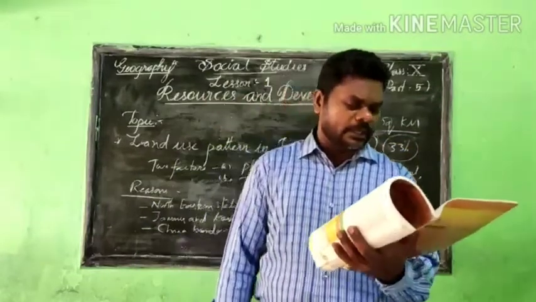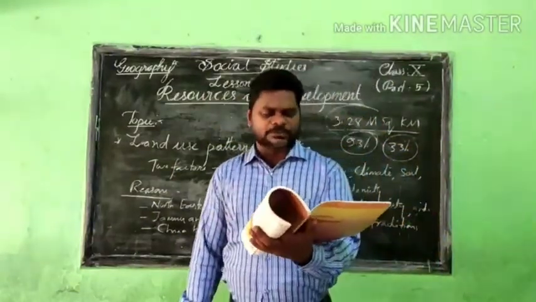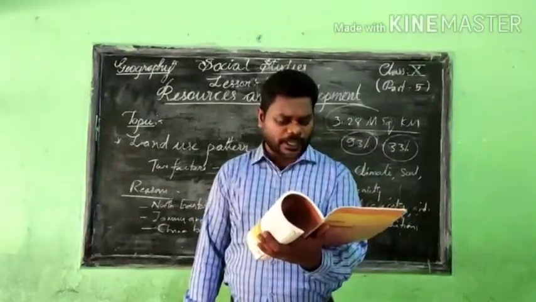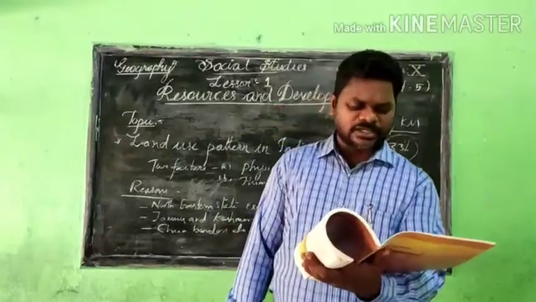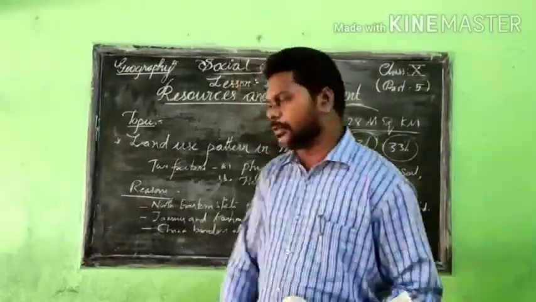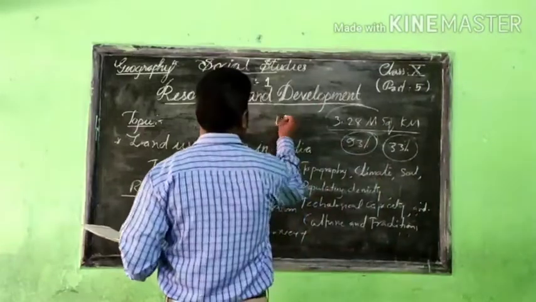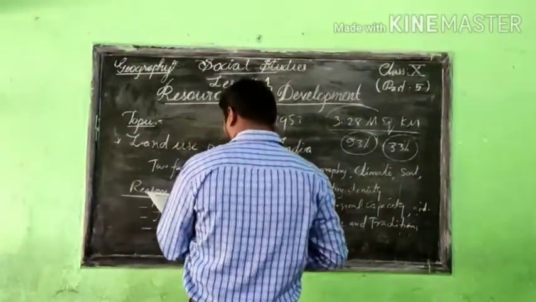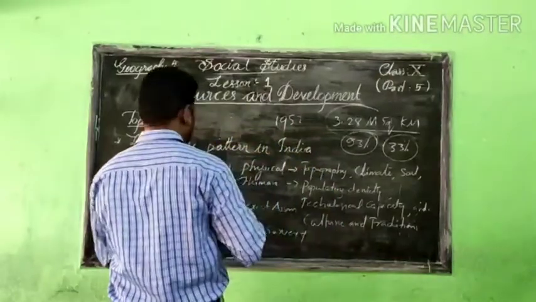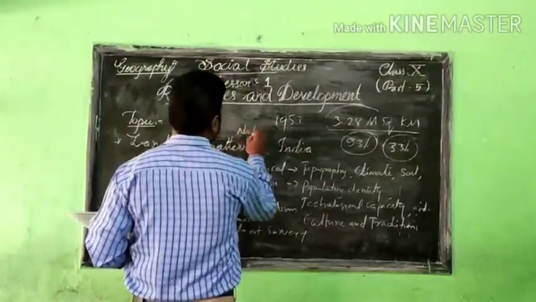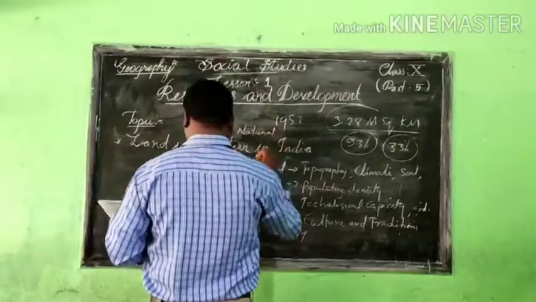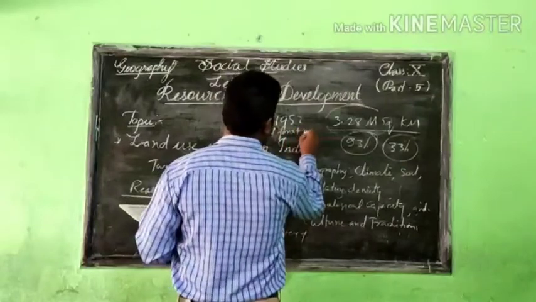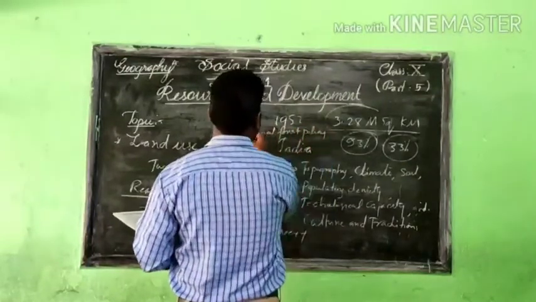Now here it is mentioned that forest area in the country is far lower than the desired 33% of geographical area, as outlined in the National Forest Policy of 1952.